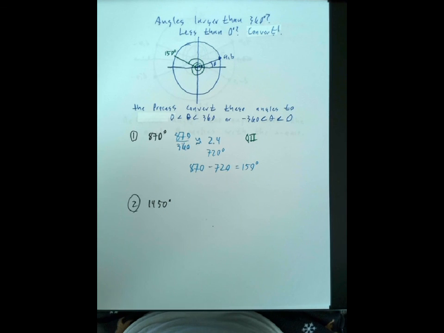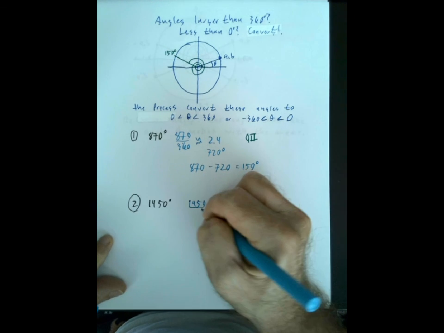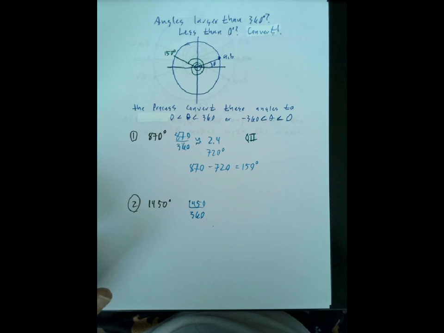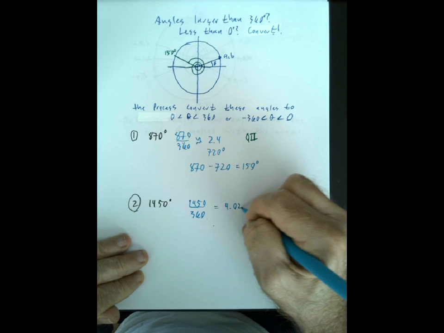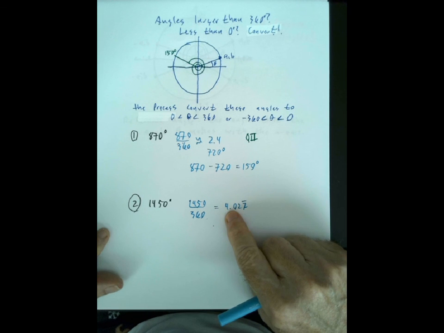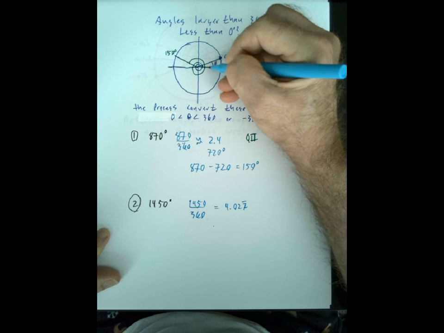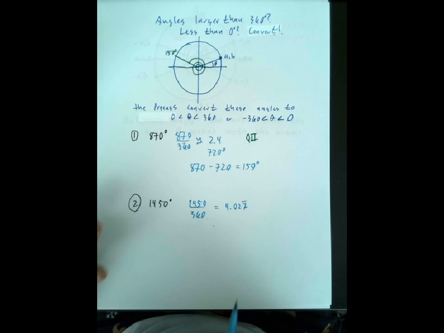I'm going to divide that by 360. 1450 divided by 360 is equal to 4.027, where the 7 repeats. That means it rotates 4 times. We're starting here, we're going to go around once, twice, 3 times, 4 times, plus then a little bit more to get to where 1450 would be, right?